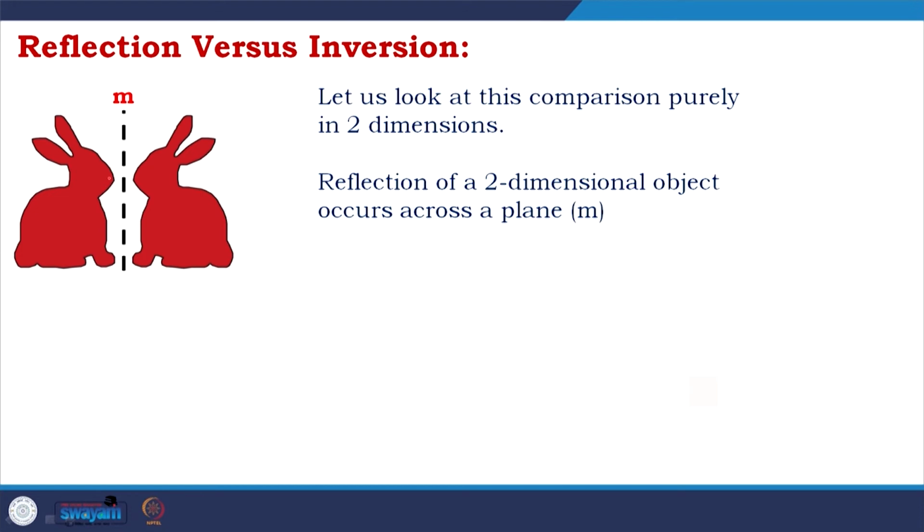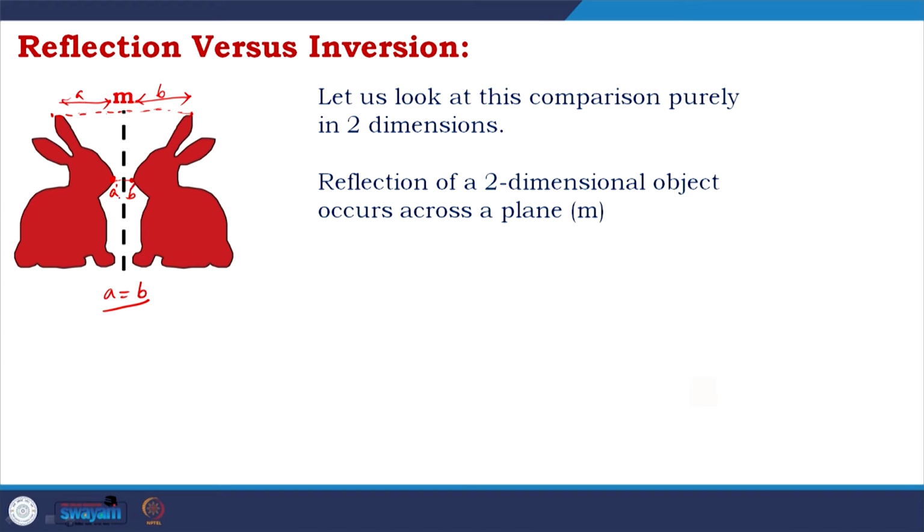Here this point and this point are equidistant, as well as this point to this point, and the equidistance is measured from the mirror axis. A, B: A is always equal to B.